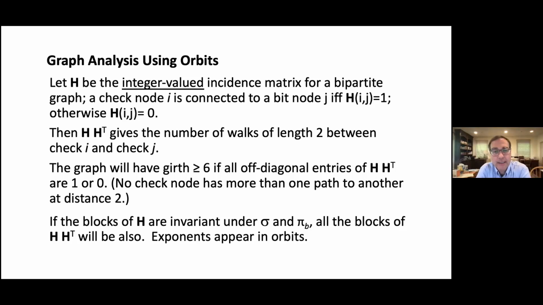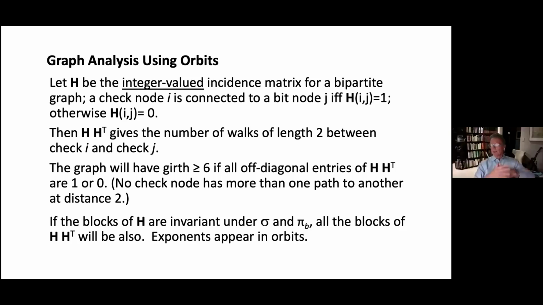Can I ask a question? Sure. If I extended this idea and multiplied the H's more times to get more walks, would the cycle lengths actually show up on the diagonal? Basically, would the counts on the diagonal correspond to cycle lengths, or am I misunderstanding?